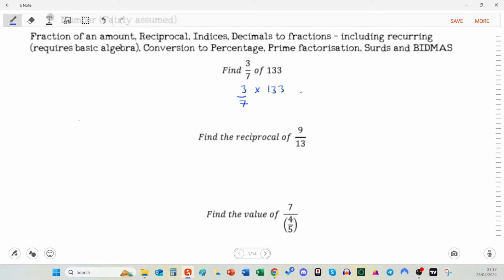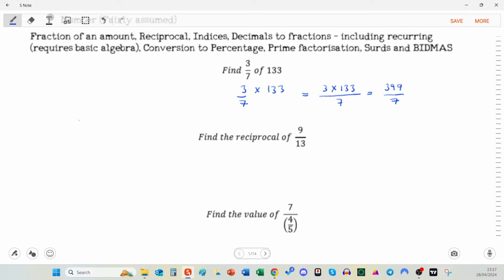But probably the easiest and most important structure to learn here is that numbers multiply the numerator. So this will be 3 times 133 all over 7. And if you do the calculation on top, you get 399, and still over 7.